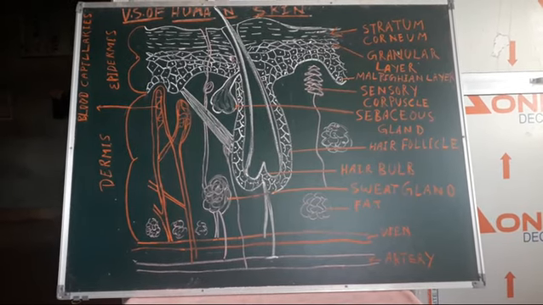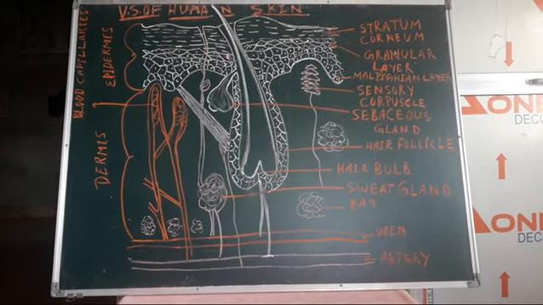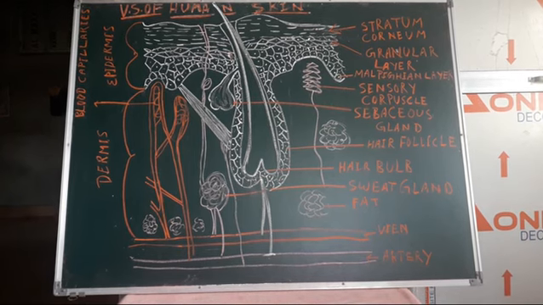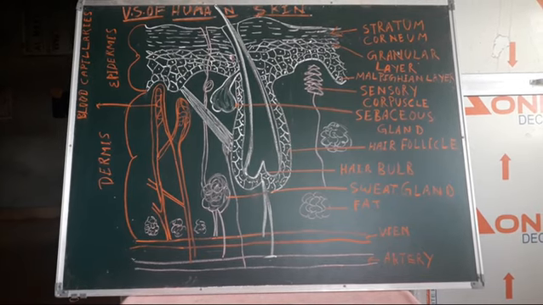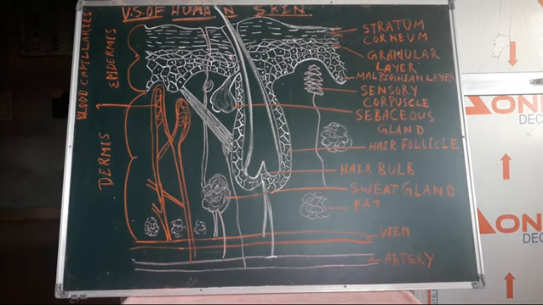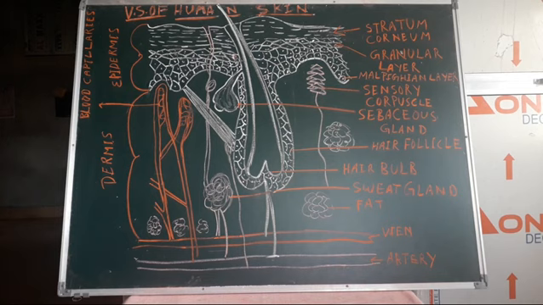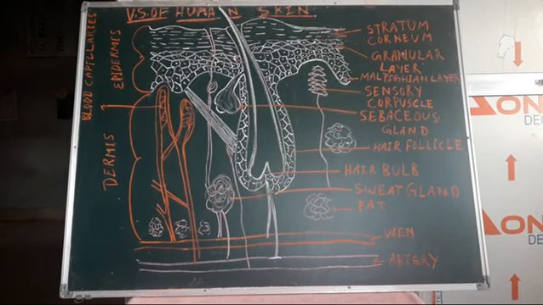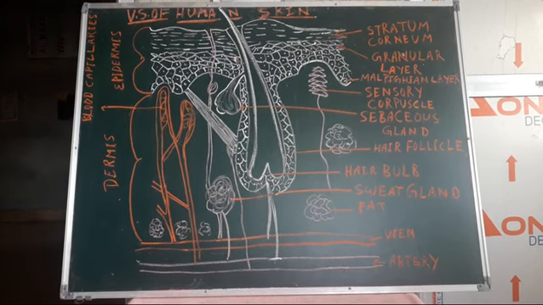Like African Negroes, they have more melanin in their skin, and that's why they have dark coloration. Sometimes you will be asked to write the function of the pigment melanin. The skin pigment acts like an umbrella to protect inner parts of the body from the harmful effects of ultraviolet rays which come from the sunlight.